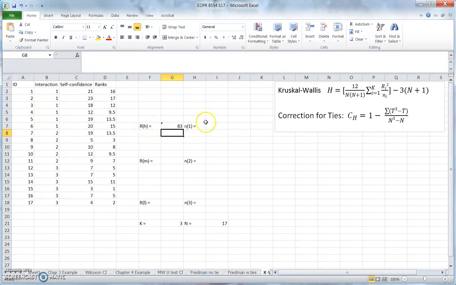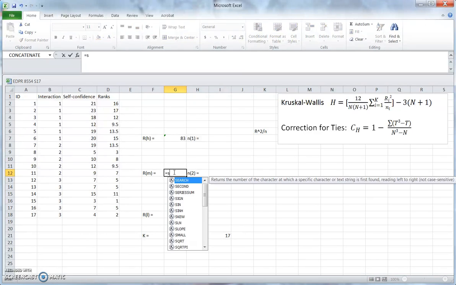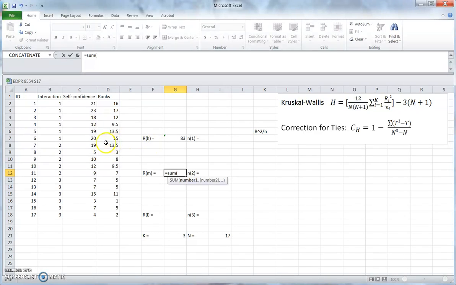But you know that I can label the group as high, medium, low, or 1, 2, 3. Okay, so this is our Ri when i equals 1. So when i equals 2, we have R2 equals the sum of the 5 ranks in group 2 and R3, which i equals 3, we have the sum of ranks in the last group.